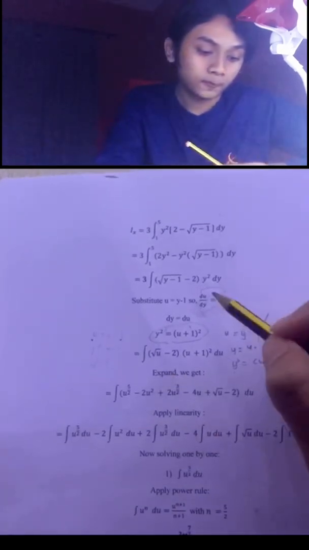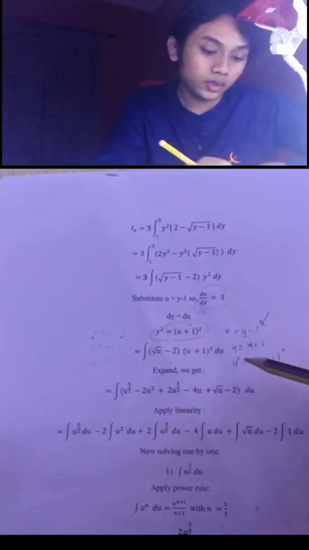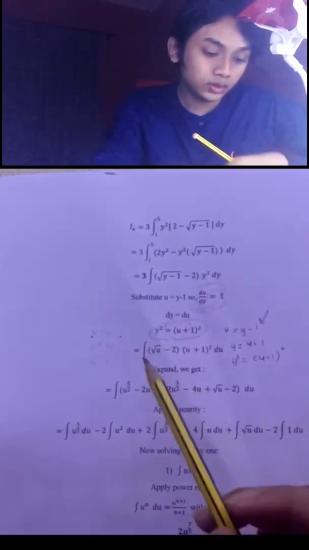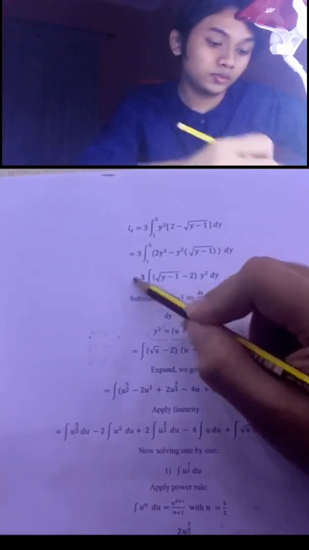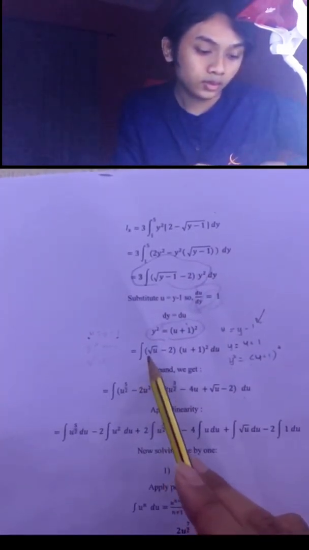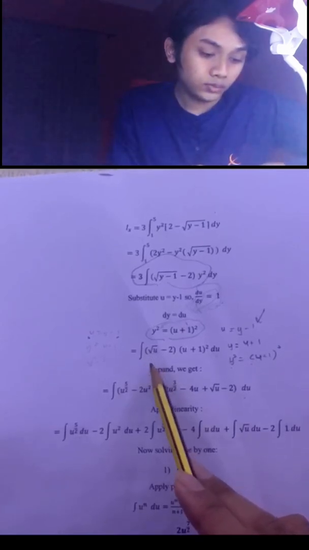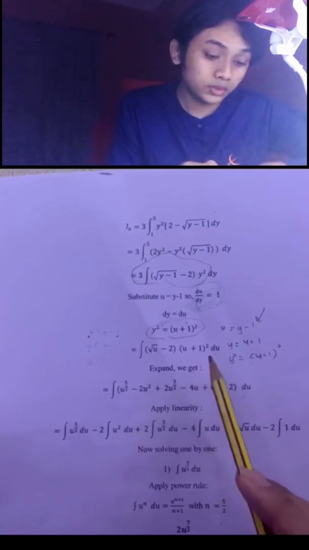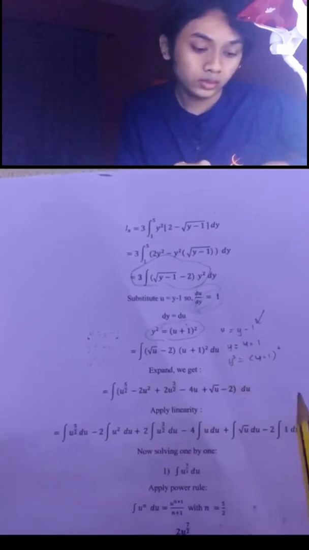So from the values that we substitute into this equation, we get integration of square root of u minus 2 multiplied by u plus 1 square du.